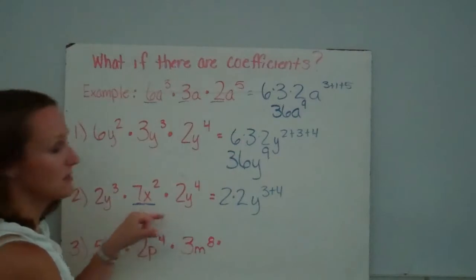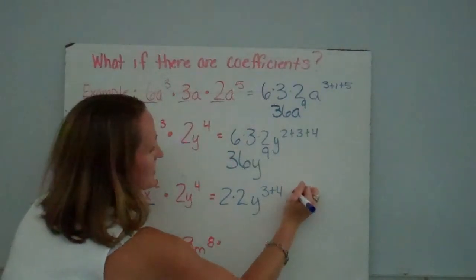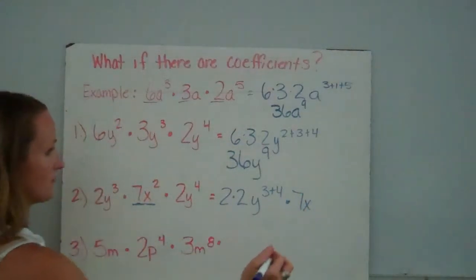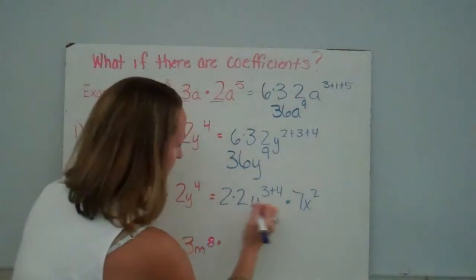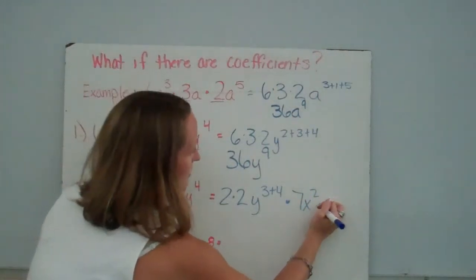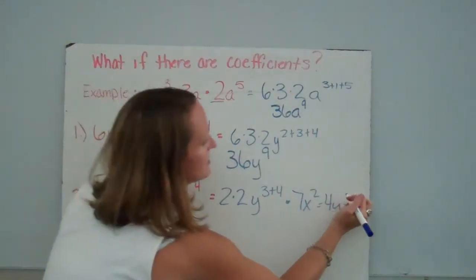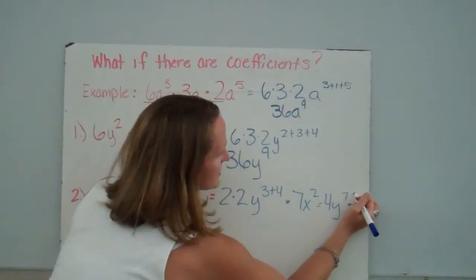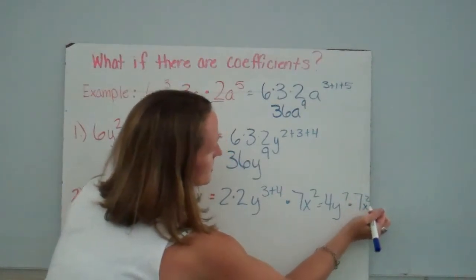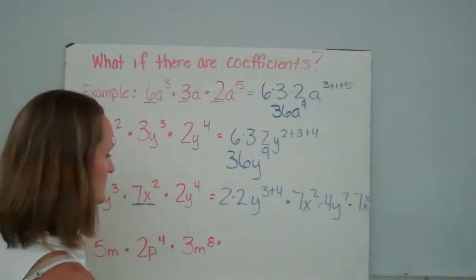And this is going to stand alone, so I'm just going to multiply it by 7x squared. So my final answer is 2 times 2, or 4y, 3 plus 4 gave us 7, times 7x squared. Kind of running out of space.